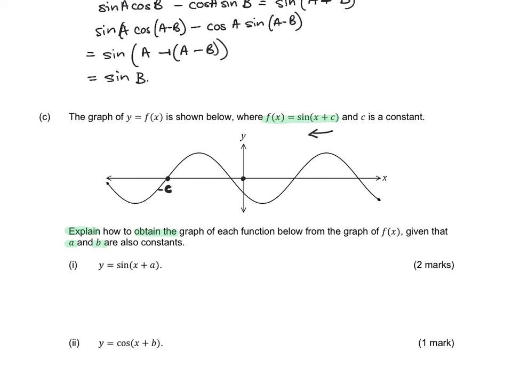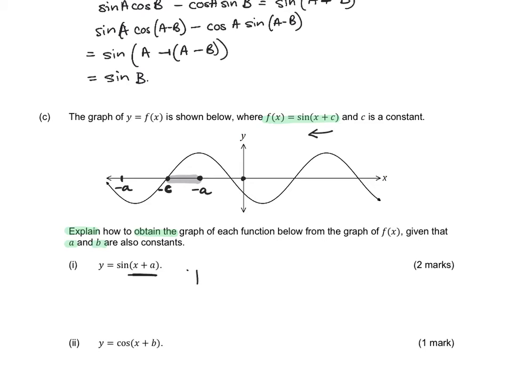This is minus c over here. Okay? Now we want to move it so that this point is at A. We want to move it so that it starts at A. Now A might be here or A might be here. But what we need to do is move it this much.